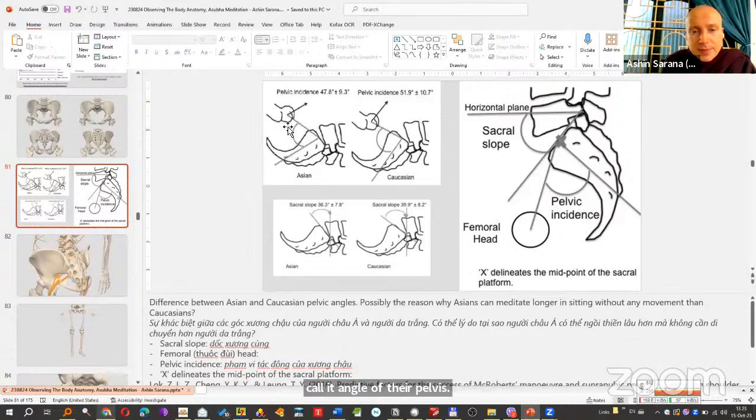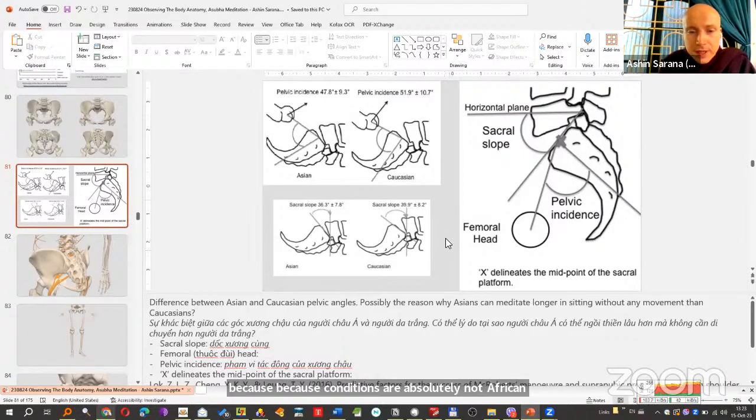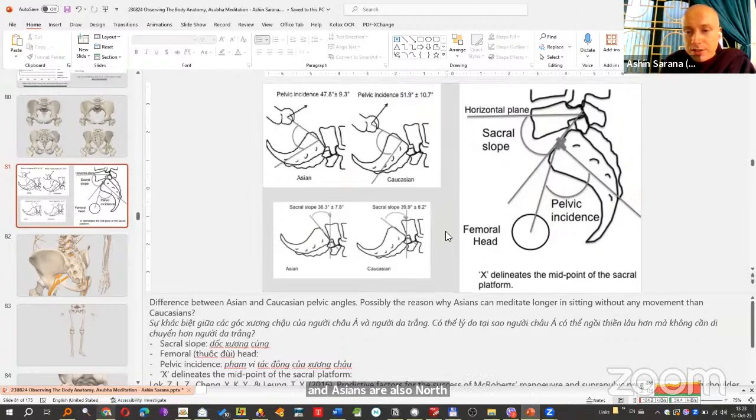As you can see, it's a little bit lower than the Caucasian. Caucasian means European, American, all of that is Caucasian. I wonder whether there would be a difference with Africans, because Caucasians are absolutely not African and Asians are also not African, but I actually didn't even search that. So there is definitely a difference between Asian and Caucasian pelvis.